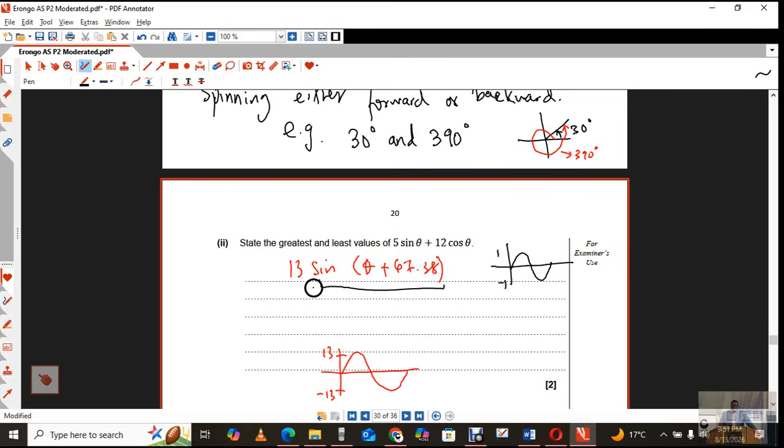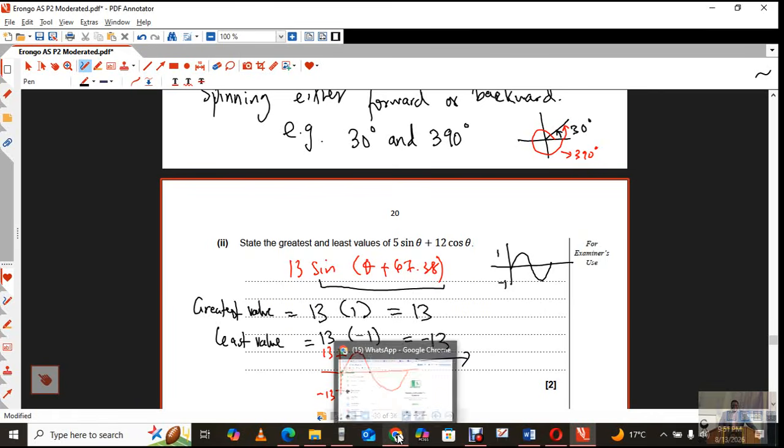So the greatest value is going to be 13 times 1, which is 13. And the least value is where I have -1 here, which is -13. So effectively, the solution to this is R, whatever your R is, positive and negative.